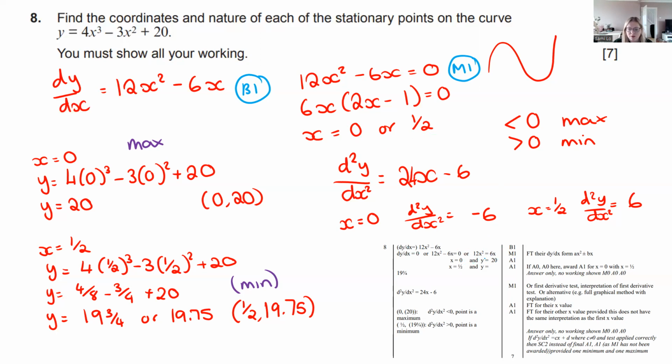And so I need to show my 2 points here. So I need to input them. So 0, 20 is my first A1 by there. And my second A1 is by here. And they've given the 3/4, so that's fine. Next part then, so I've got 1, 2, 3, 4 already. My next mark is for dy by dx in for the second time. So that gave me another M1.